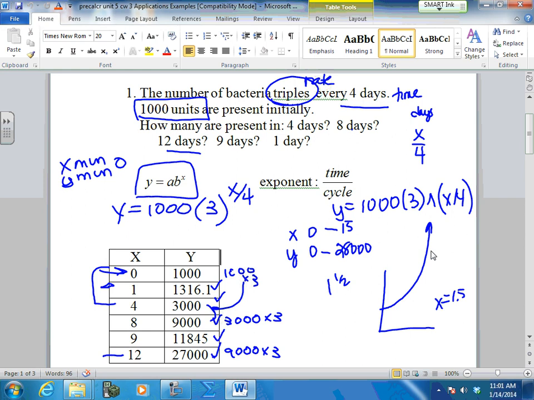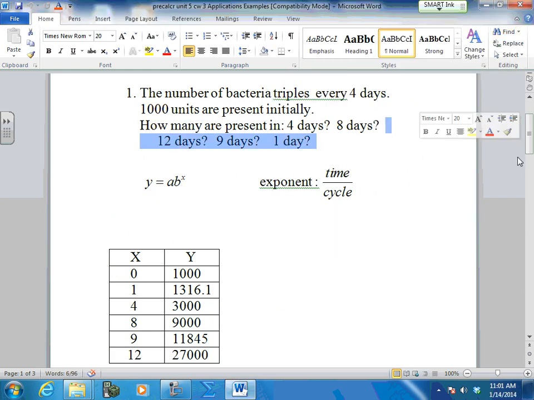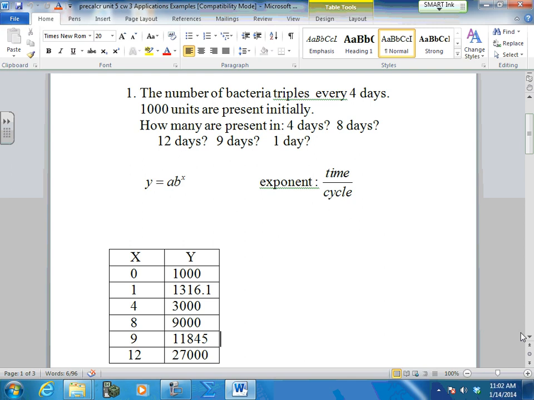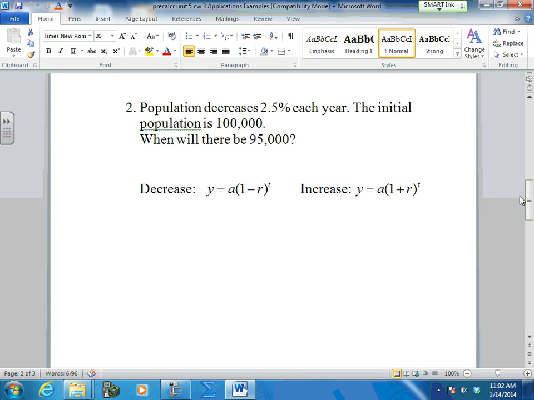All right, let's take a look at another problem. Start with your very, very simple formula.